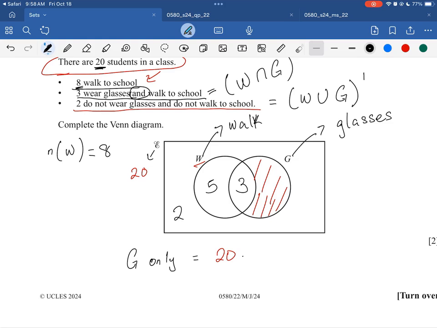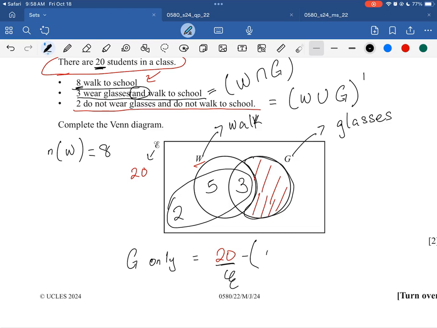So 20 is the universal set. Remember this funny looking E sign. You take everything here, add them up and subtract it from 20 to find what is left.